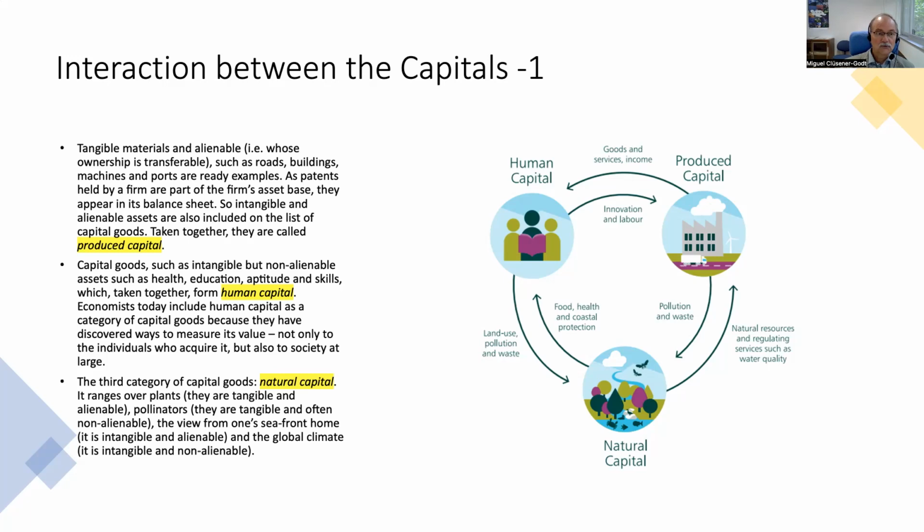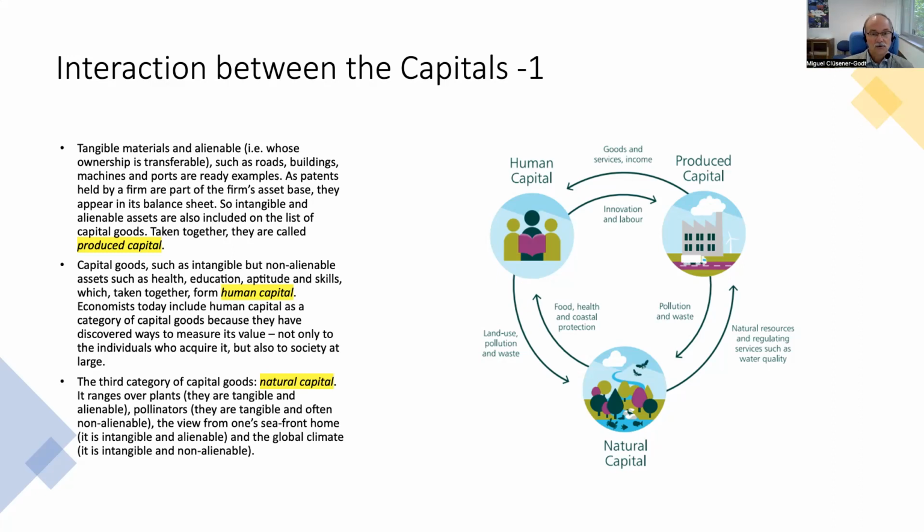But there is, of course, also capital that is intangible and non-alienable assets: education, attitudes, skills. They must be included because this is human capital, for example, the education level of a given society. A society like Japan is ranked very high in the world on education.